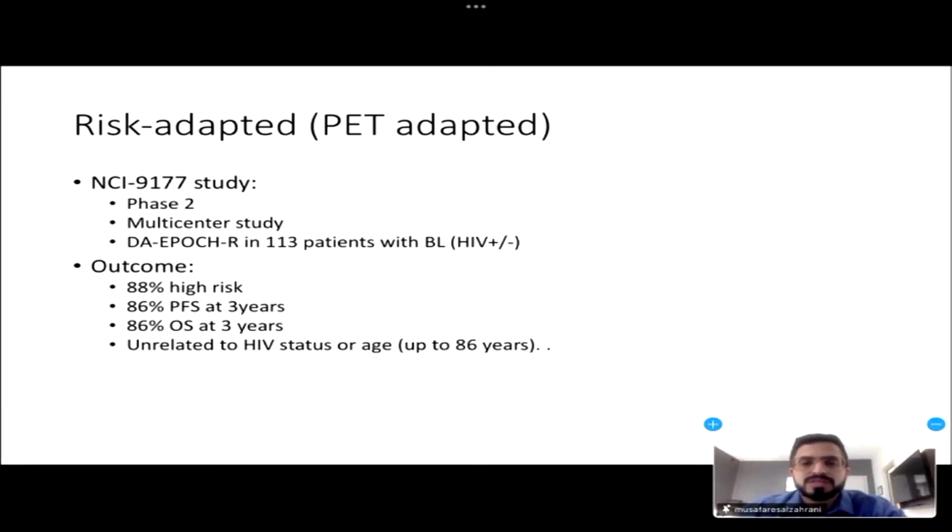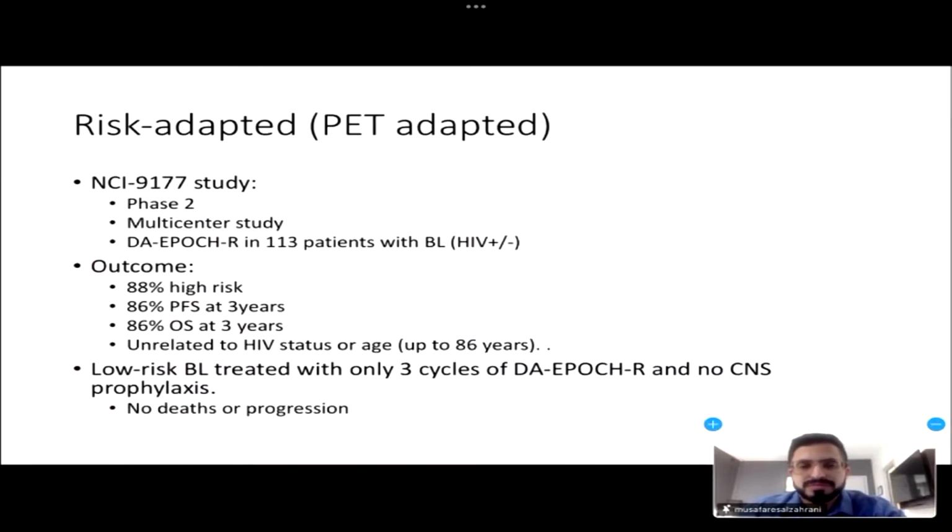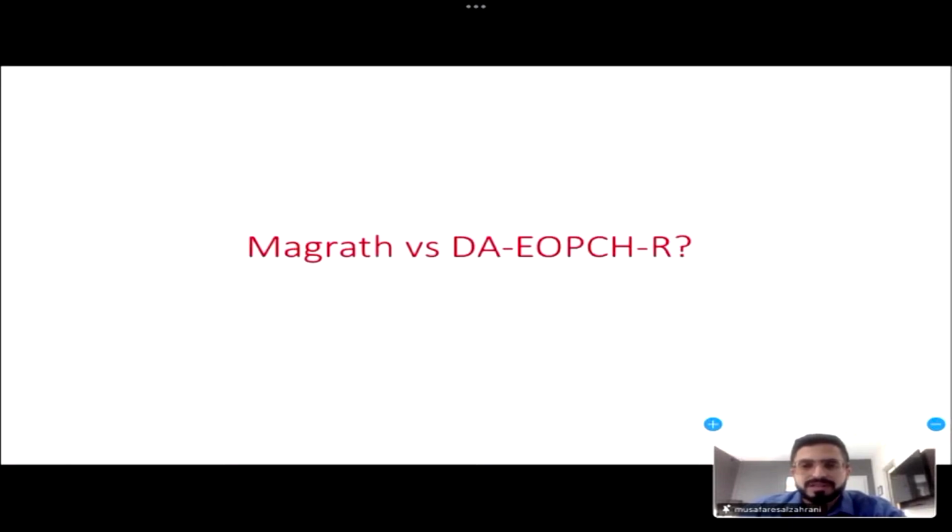The response was unrelated to whether the patient was older or had HIV status, so patients would still respond. Low-risk Burkitt lymphoma patients were treated with only 3 cycles of dose-adjusted EPOCH-R. There was no CNS prophylaxis, and in this subgroup, although the numbers were small, there were no deaths or progression reported.